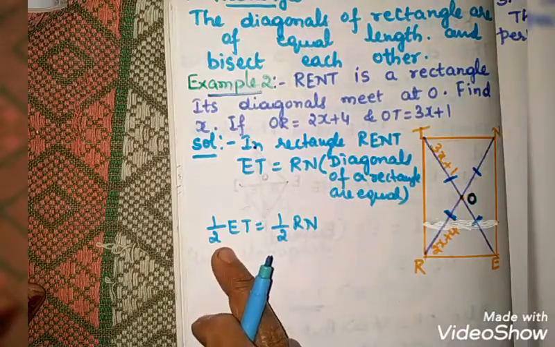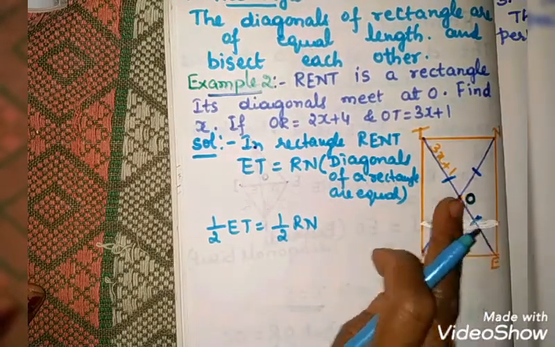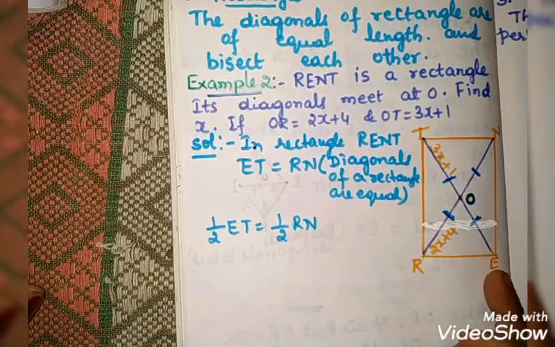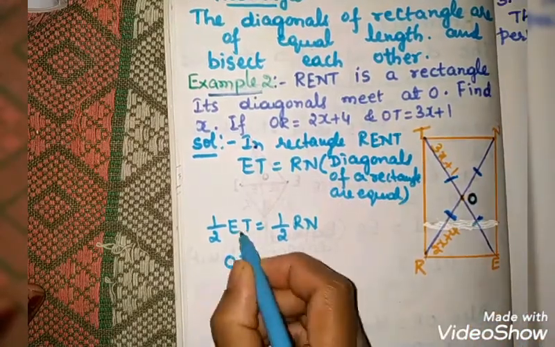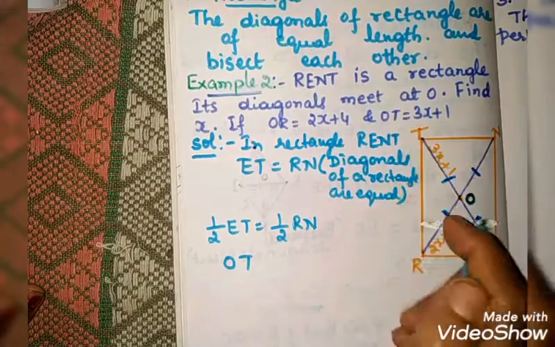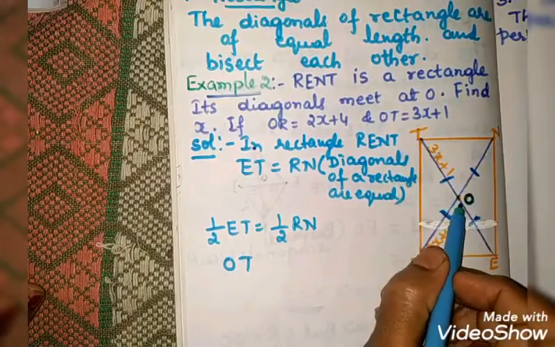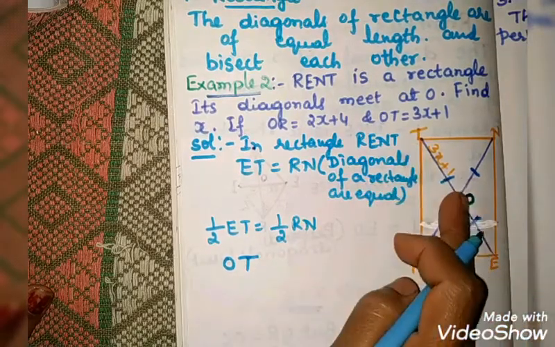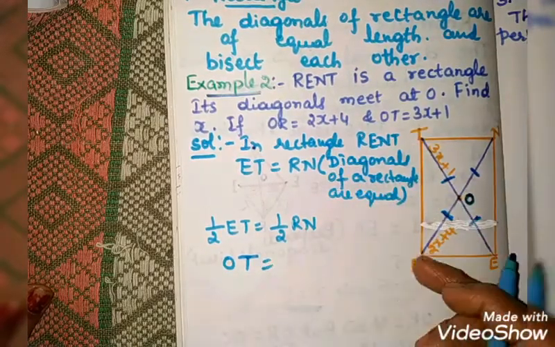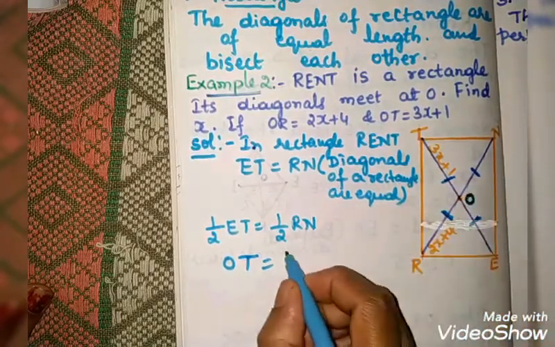So here, half of ET, which one? Half of ET is OT. Is it right? Am I right, children? Yes, half of ET is equal to OT. And here half of RN is equal to RO.